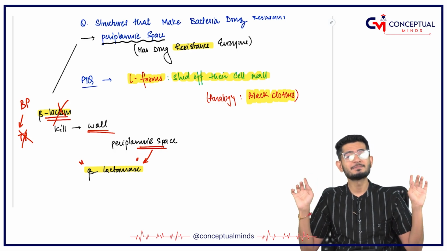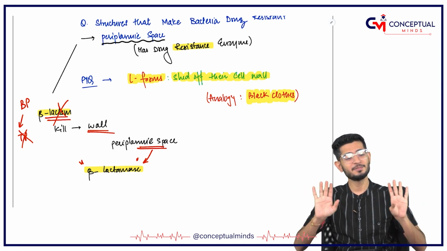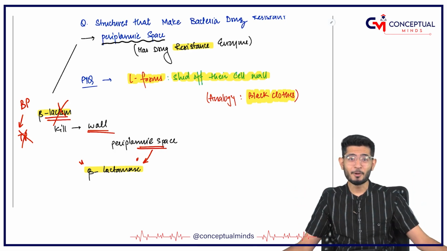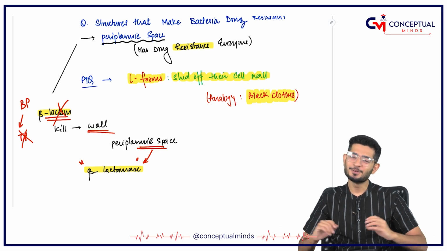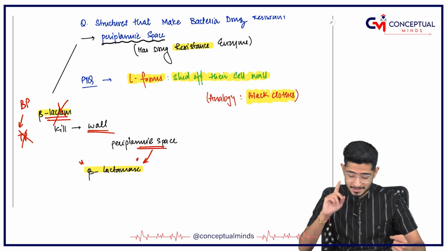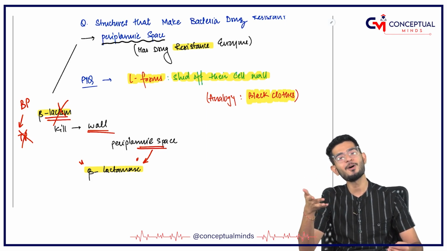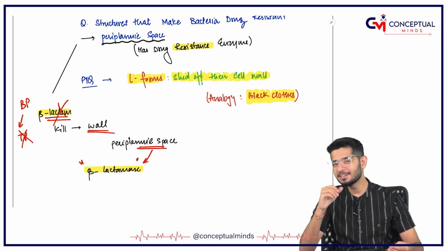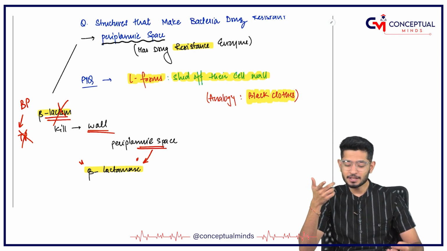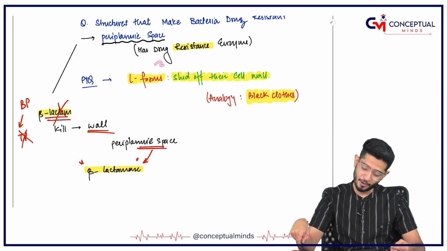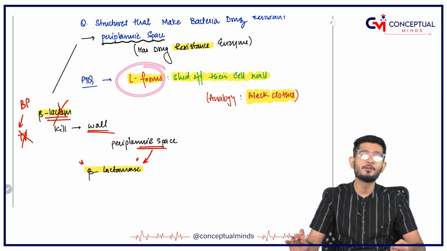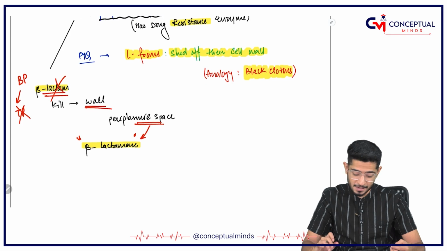I will remove this black cloth in order to get saved from the mob attacking me, right? So similarly, in order to get saved, sometimes bacteria sheds off the clothes, bacteria sheds off the cell wall, and the bacteria without a cell wall then will be called as L form. Which form? L form. Okay, it will be called as L form.